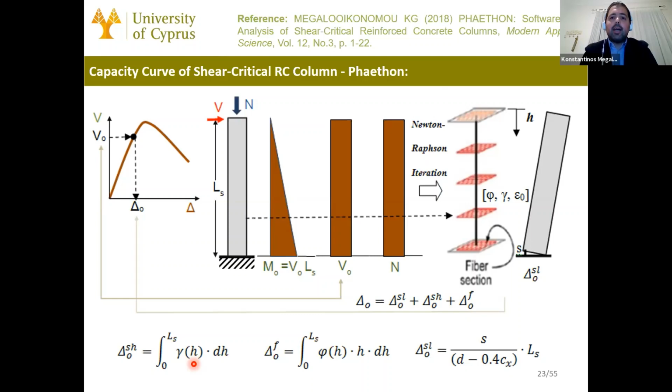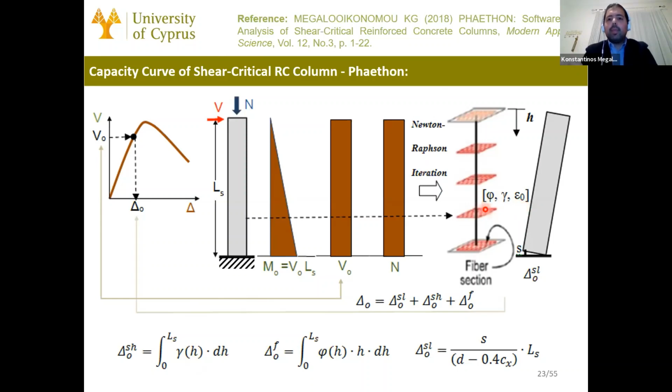The way this is done is, for each step of shear force and axial load, we have the moment, shear force, and axial load diagrams of the column, and we converge to these values for each fiber section of the element, and we obtain the curvature, shear strain, and longitudinal axial deformation.